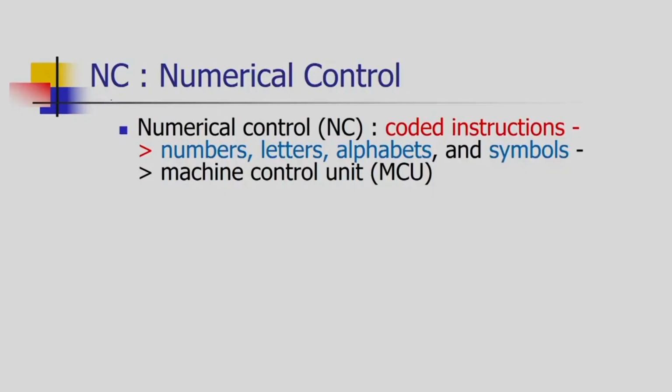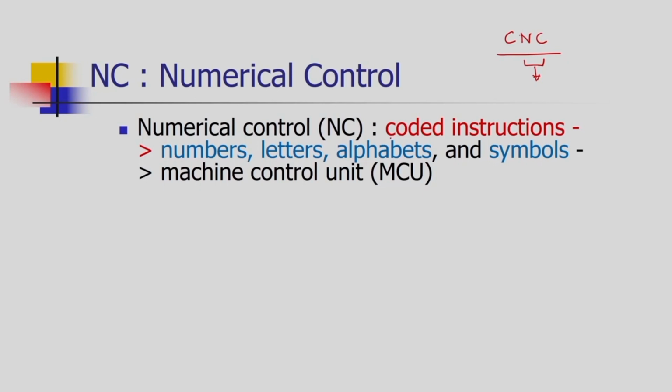Now let us see how these complex surfaces can be machined. To machine these complex surfaces, we need to have computer numerical control technology. The term CNC has 3 letters, C and NC. So let us see what is the meaning of NC. NC is numerical control.